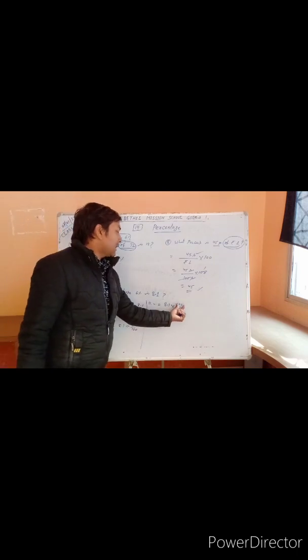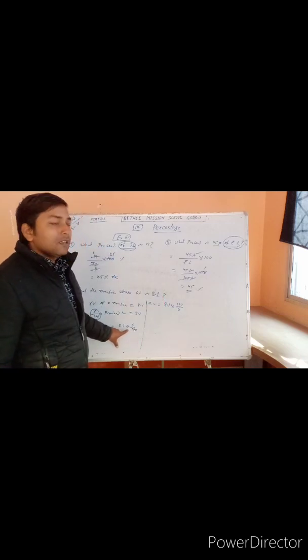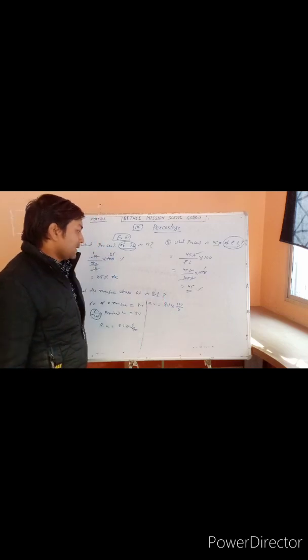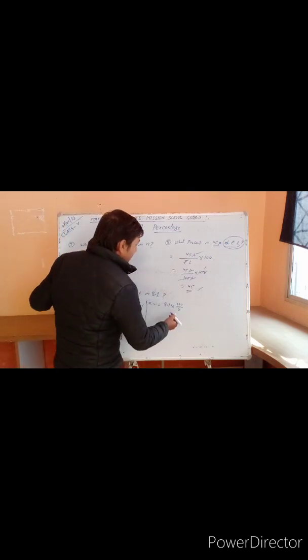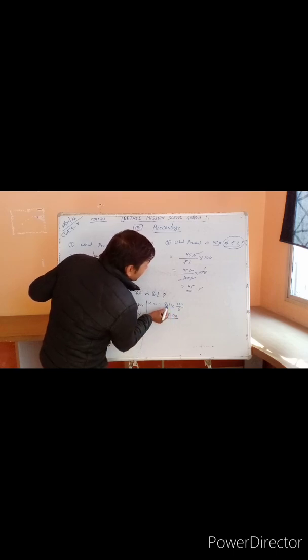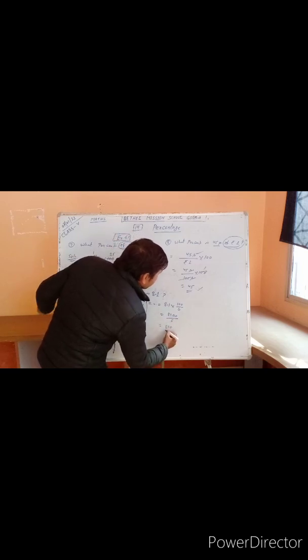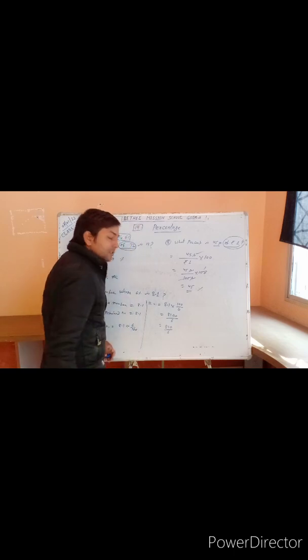It is 100 upon 6, and the divide symbol, change it to multiplication. Now you can cut. Okay, so here it became 81 and 20, and the decimal is after one place here, that is 6. It means 810 upon 6.